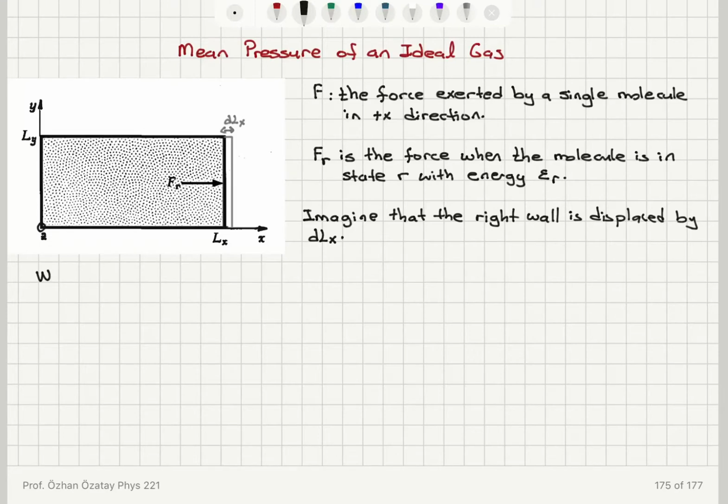Work done by the force Fr when the molecule is in state R is the dot product of the force with the displacement dlx.